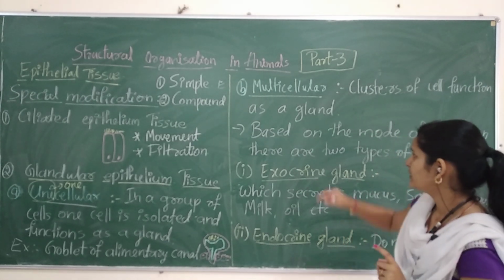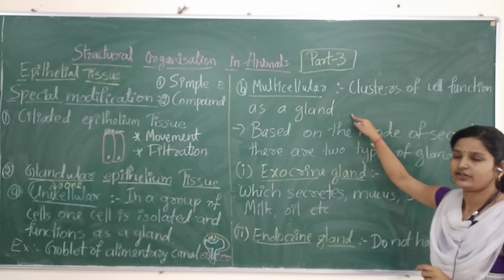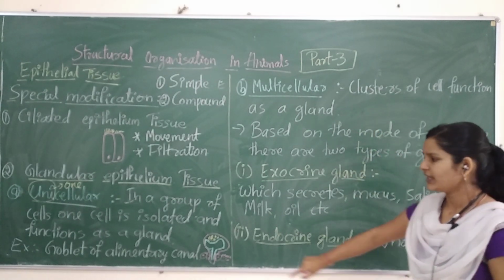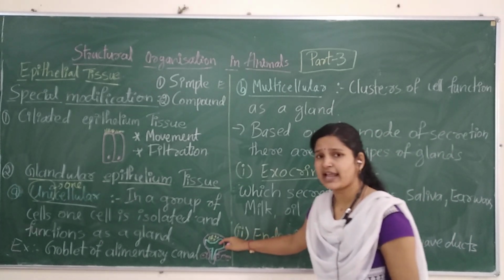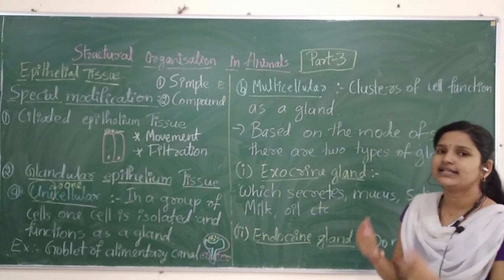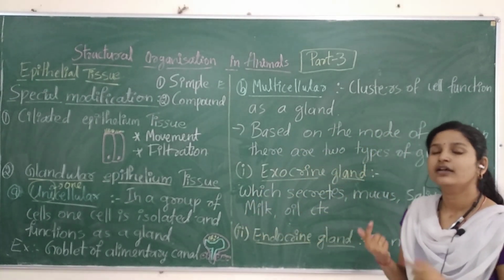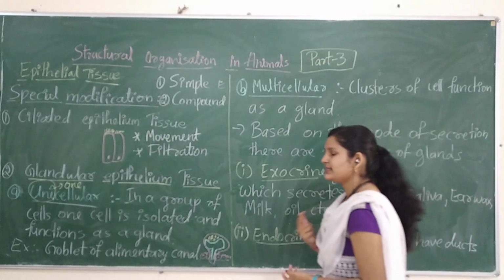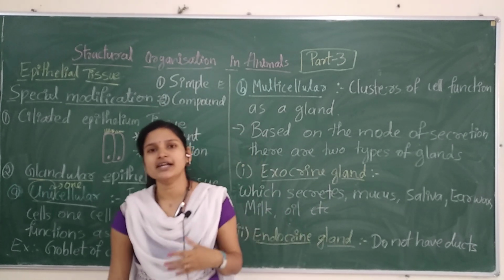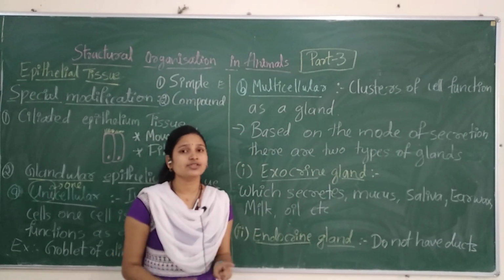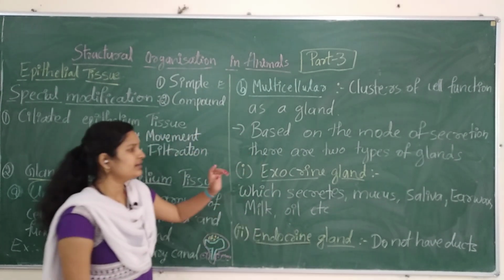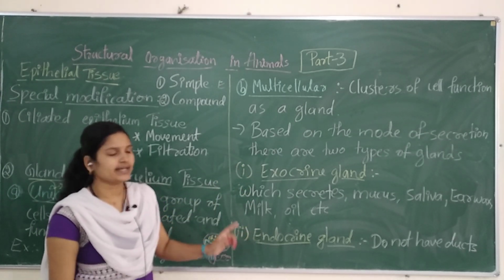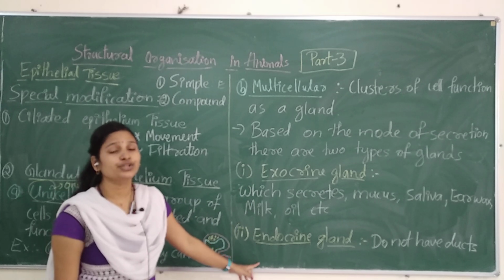So this is nothing but your multicellular glandular epithelial tissue. Here only one cell is acting as a gland, but there many cells are involved and together acting as a gland. So these glands start secreting. Based on the secretion, again there are two types.